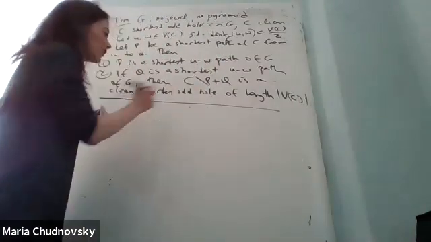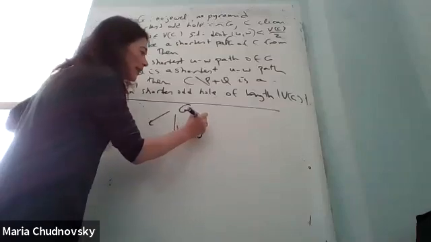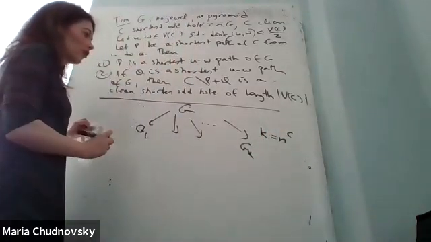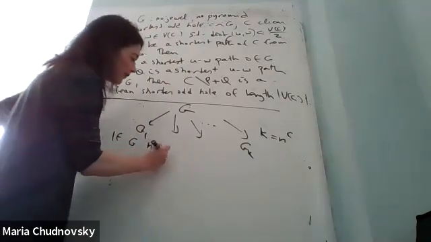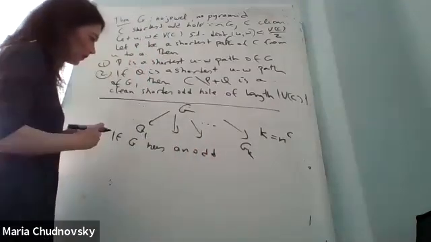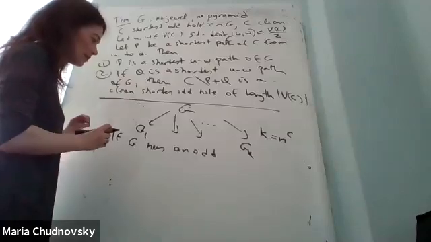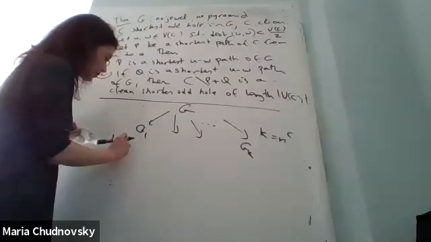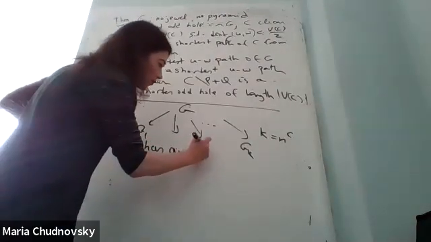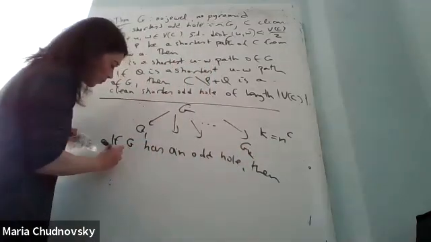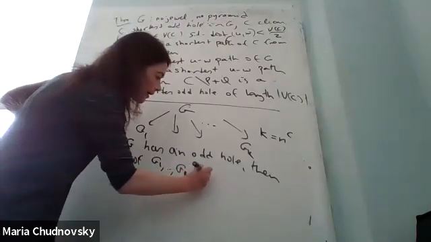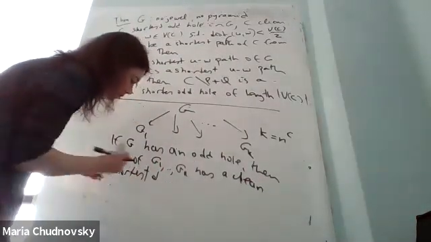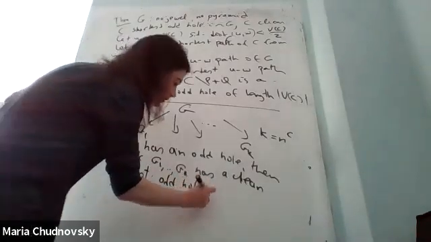What I want to do is start with the graph G and create polynomially many subgraphs of G, so that if G has an odd hole, then one of G1 through Gk has a clean shortest odd hole. Let's understand what I wrote.